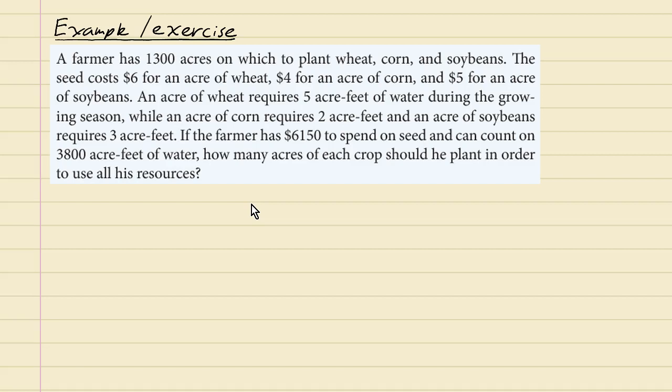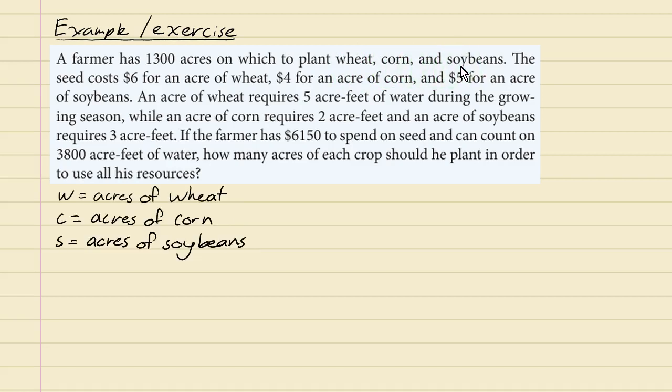Okay, so let's look at how we can approach this if you're stuck. First thing to do is to make up a variable for the thing that it's asking for. So it says how many acres of each crop he should plant. So let's call that W, C, and S for wheat, corn, and soybeans.